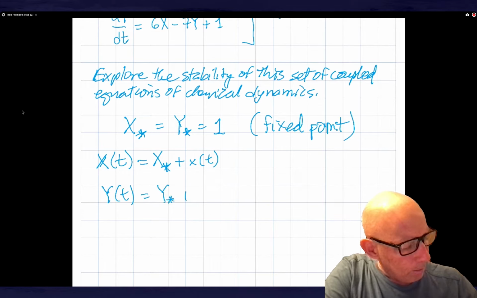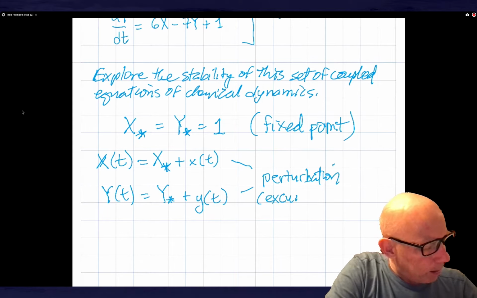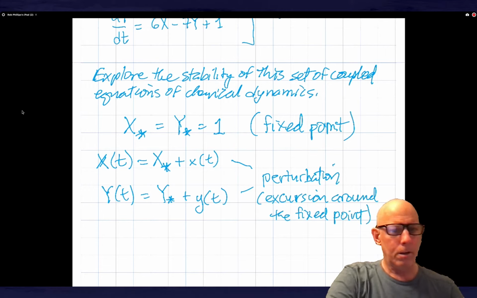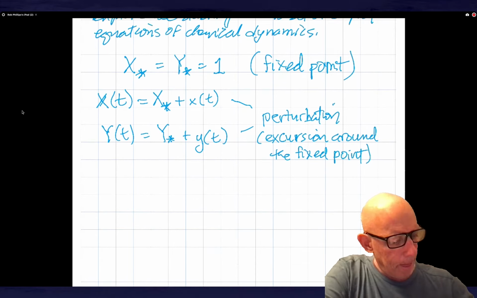They're the excursion around the fixed point. So that might be a better way to put what's in play here. This is the excursion around the fixed point. And what we want to do is work out the dynamics of the excursion around the fixed point. So let's do that.